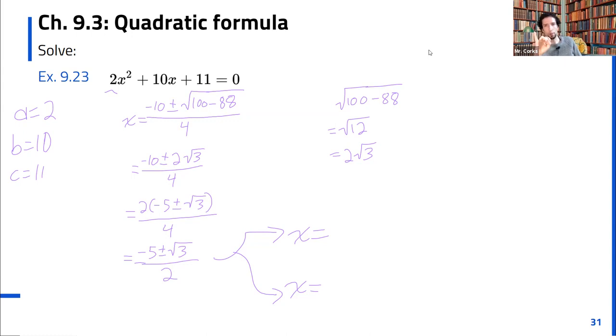Find the two numbers that add together to give B and multiply together to give C. It can only be used when A is equal to 1, and it's only really useful if the solutions are integers. So it's just a nice quick shortcut method. Use it and see if you can see a solution really quickly. If not, use a different method. So that was the first one, sum product.